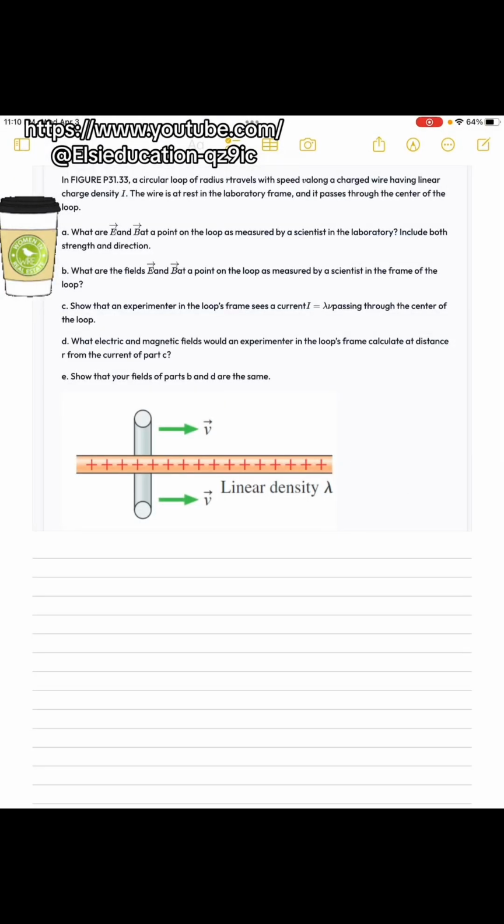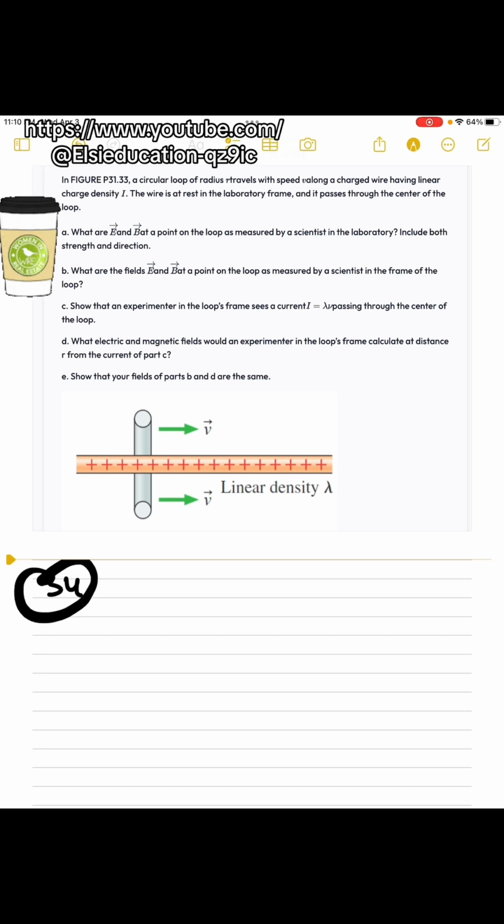Okay, guys, welcome back. This is question number 34. And you guys see there's a wire, and there's a current going through that wire. So we're gonna use the linear density to prove certain electric field and magnetic field on that field that is going through that wire.